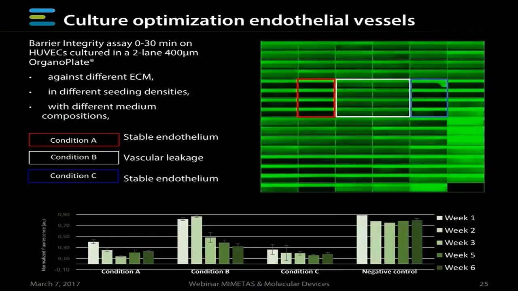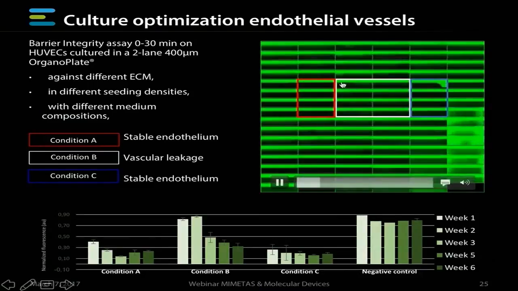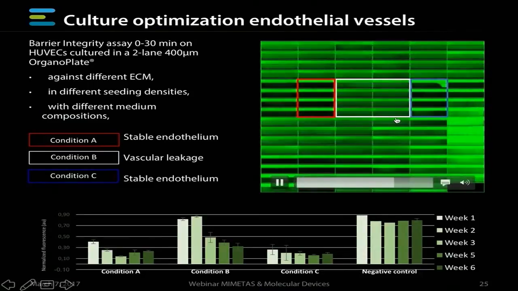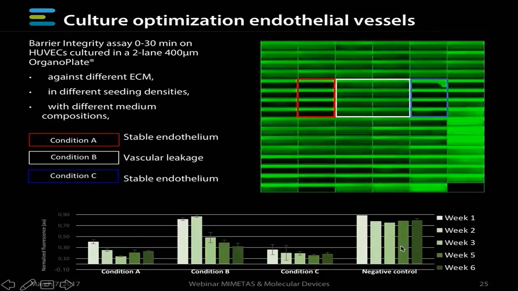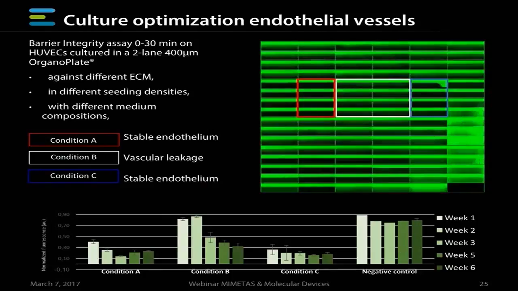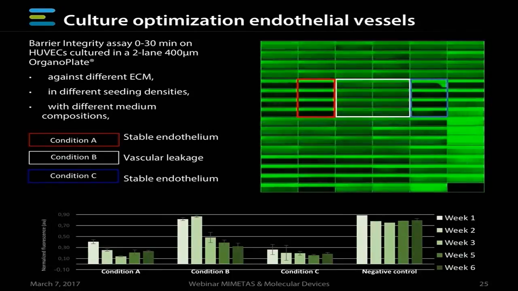And here you see, for example, in the white box there's a lot of leakage going on, but in the red and the blue box the tubules are fully leak tight. This can be quantified and can be used to optimize the models, and later on to use these models as a readout for effects on vascular leakage.